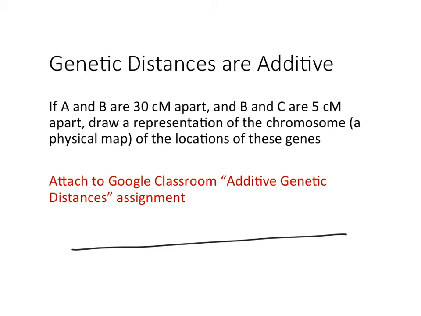Write down a physical map where the 3 genes are located, A, B, and C, that explains how A and B can be 30 centimorgans apart and B and C can be 5 centimorgans apart. Pretend like you're measuring centimeters instead of centimorgans. So draw a genetic map with A, B, and C. And then attach that to the Google Classroom assignment that I posted at the start of class.